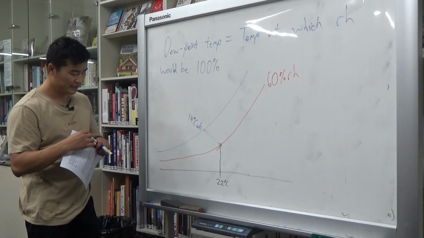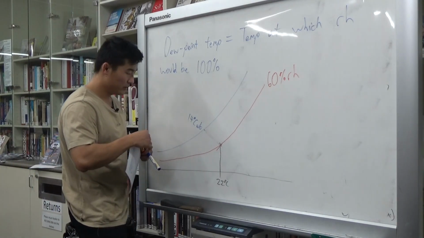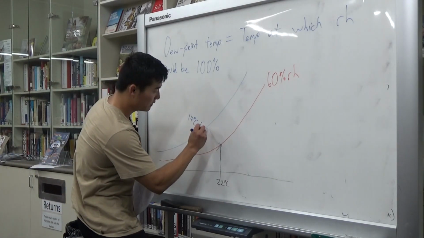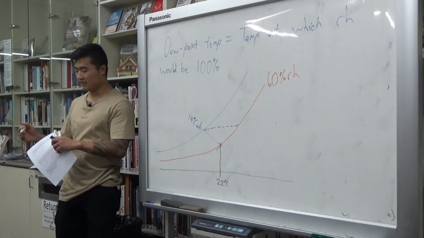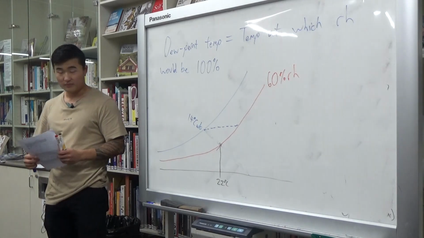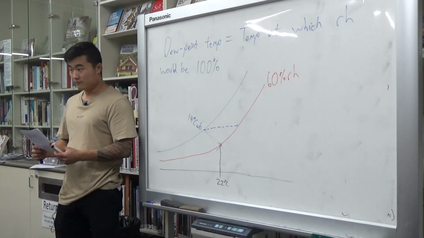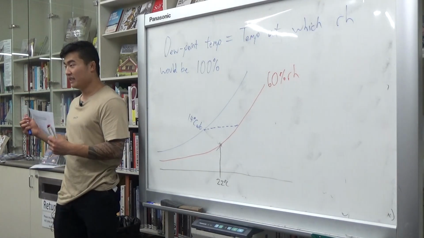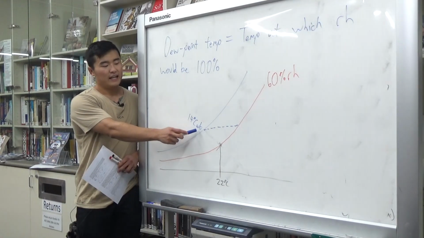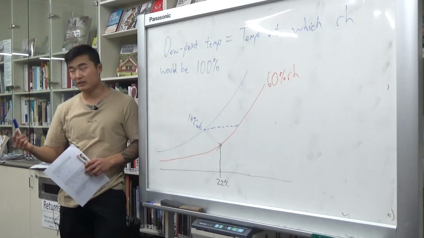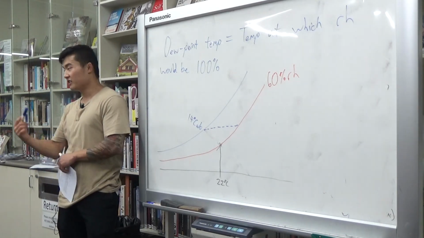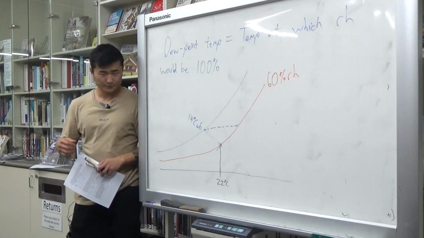But since it's the dew point, you're going to go across horizontally. Sorry, that's my bad. Yeah. So if they say dew point, you're going to find the 100% relative humidity line for the wet bulb temperature, and then you're going to go across horizontally. So my bad for that one.